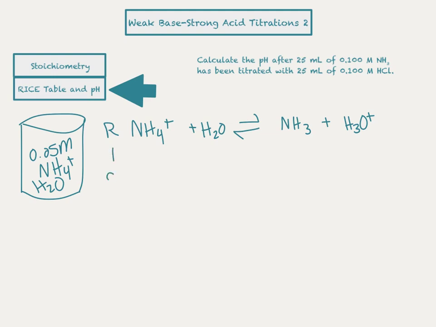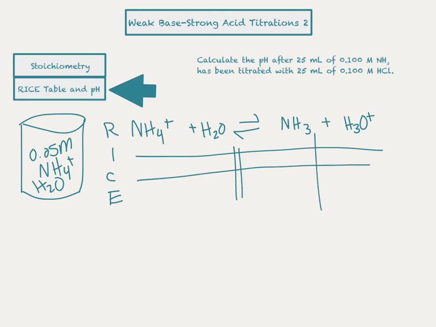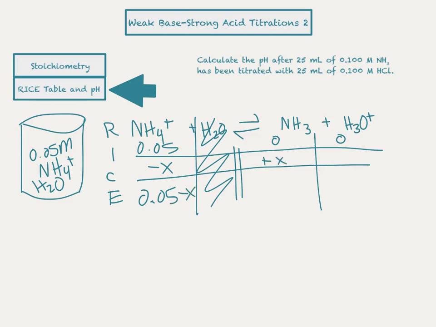So if you set up this ICE table, we can assume that we have none of our products. We're starting with 0.05 molarity of the ammonium ion, small change in x, like really, really small, and we'll have plus x for both of the other species.